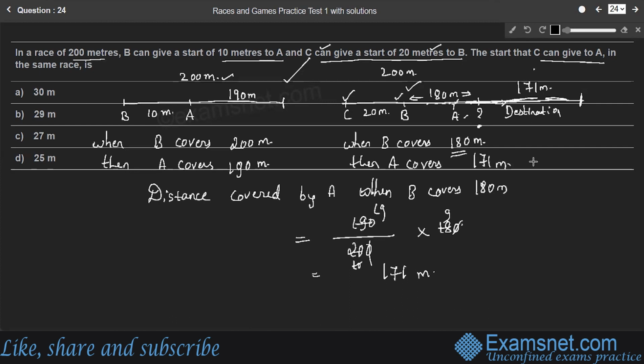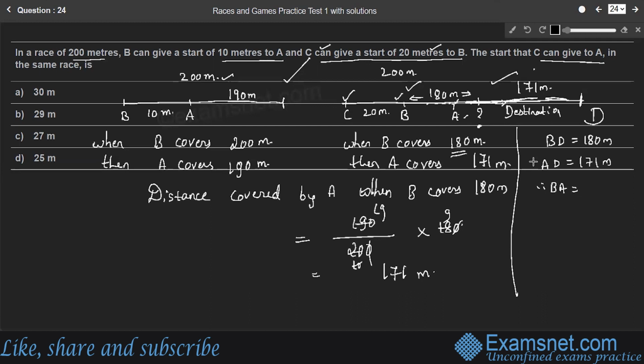So if, for example, the destination is taken as D, B to D distance is 180 meter. B has to cover 180 meter distance. So if B to D is 180 meter and A covered the distance AD as 171 meter, therefore BA, what is the start given to A by B?